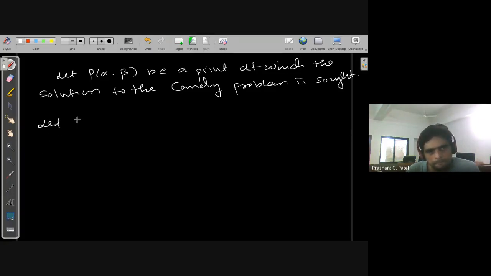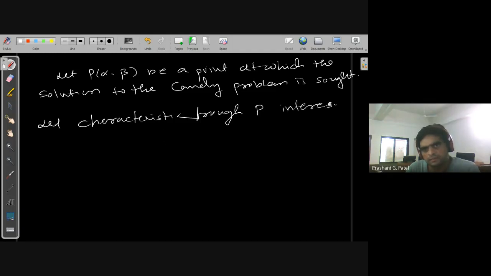Let the characteristics through P intersect the initial curve gamma at Q and R.